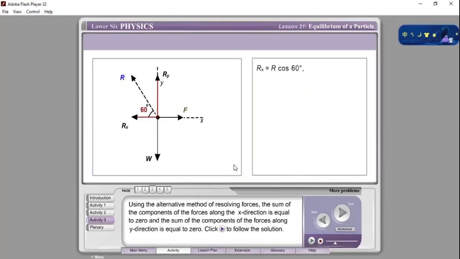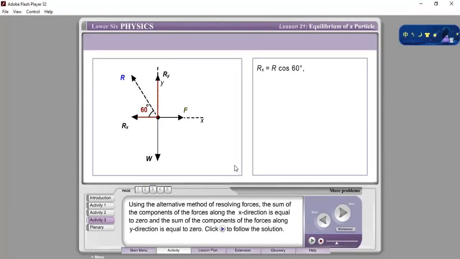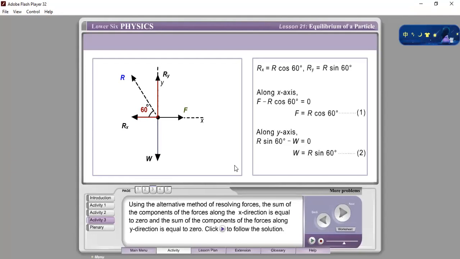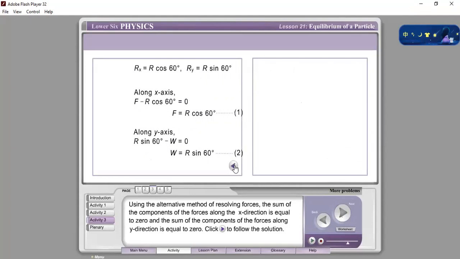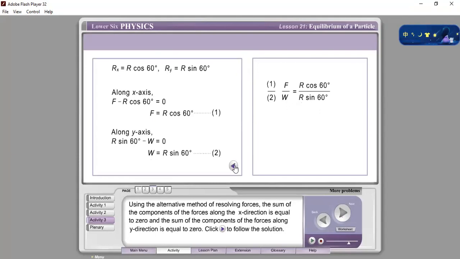Rx equals R cos 60 degree. Ry equals R sin 60 degree. Along the x-axis, F minus R cos 60 degree equals 0, which implies F equals R cos 60 degree. Along the y-axis, R sin 60 degree minus W equals 0, which implies W equals R sin 60 degree.